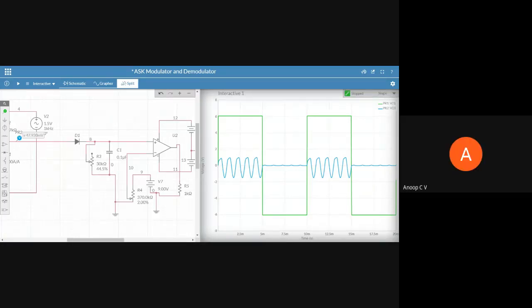Can anyone tell me how I should design this RC section? Based on what should I design it? Maybe all of you can type it in the chat window.